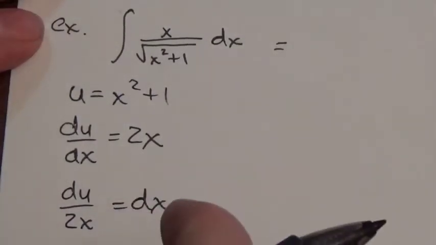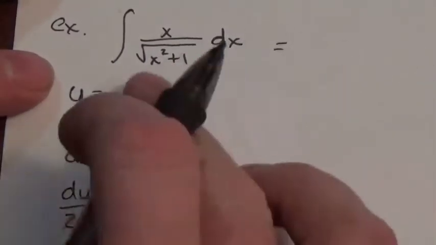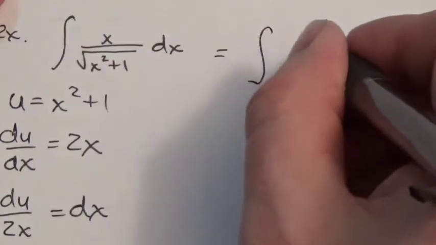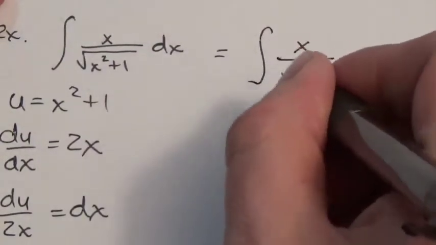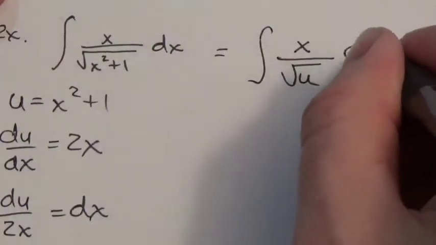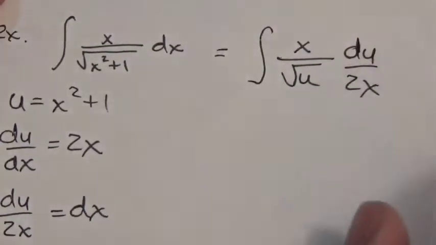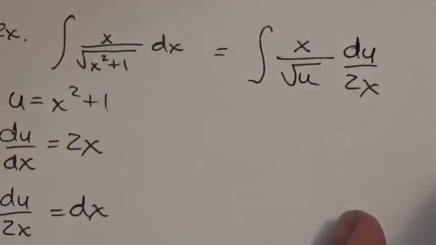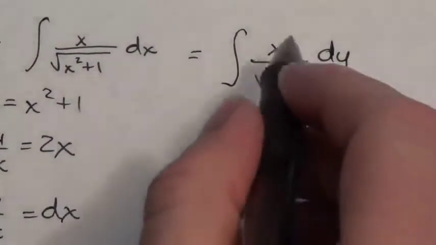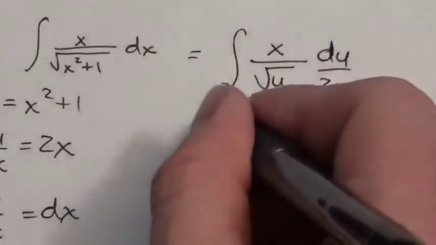Good. So now I can take this and substitute it into my original integral here, my question. So this will become the integral of x over root u. And then dx becomes du over 2x. Good. So now I'm just going to clean that up a little bit. Notice that the x's will cancel here.